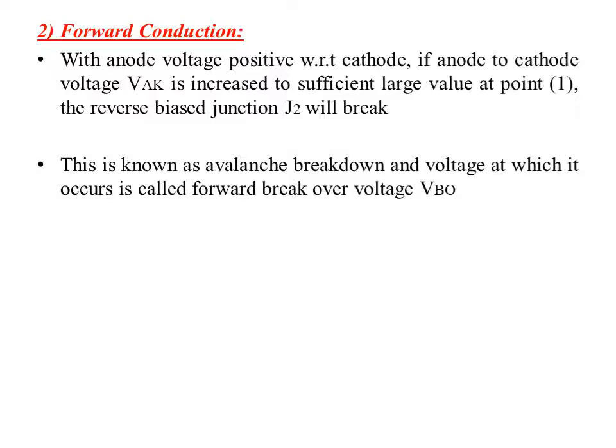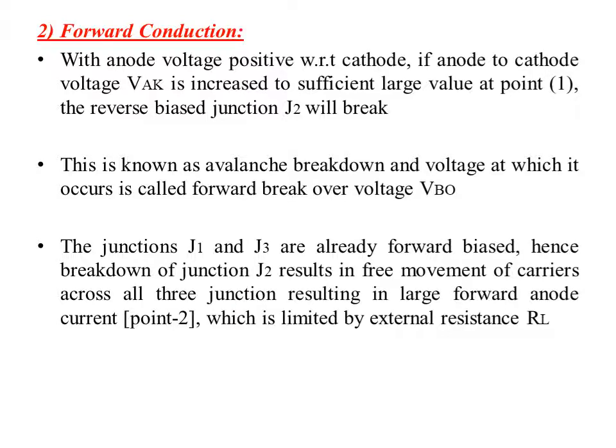This is called avalanche breakdown, and the voltage at which this breakdown of junction J2 occurs is called forward breakover voltage, denoted by VBO. Thus, junctions J1 and J3 were already forward biased earlier.